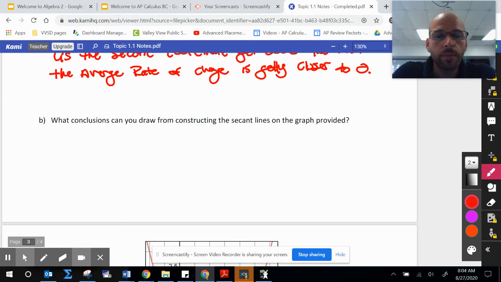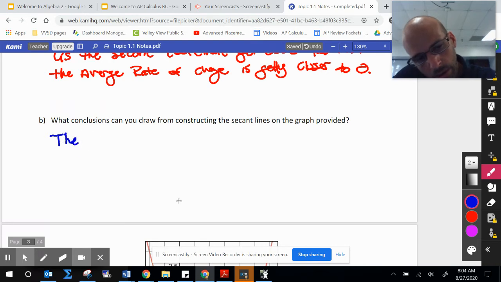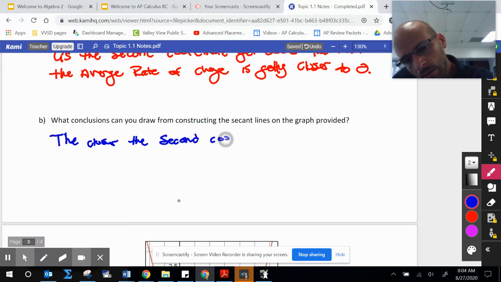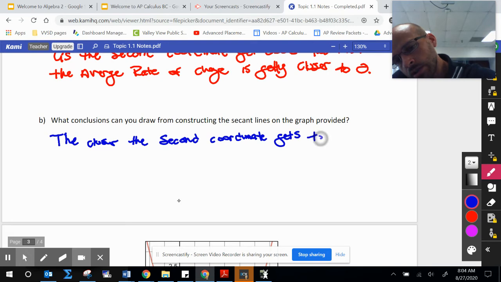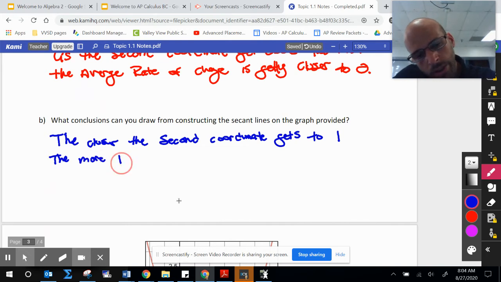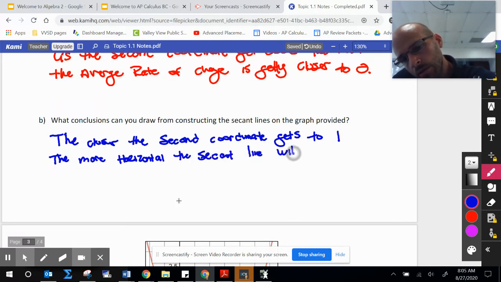What conclusions can you draw from constructing the secant lines? I can probably say that the closer the second coordinate gets to 1, the more horizontal the secant line will be.